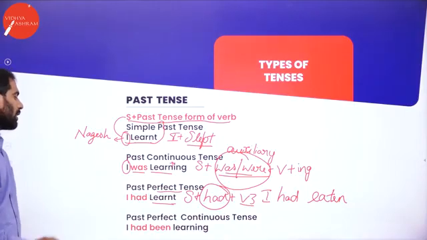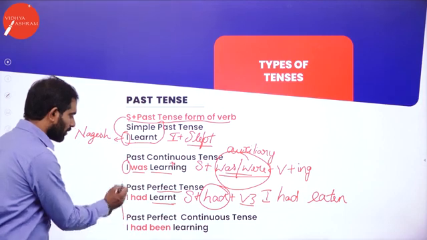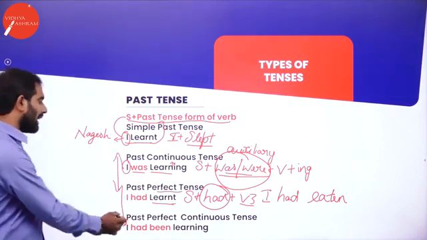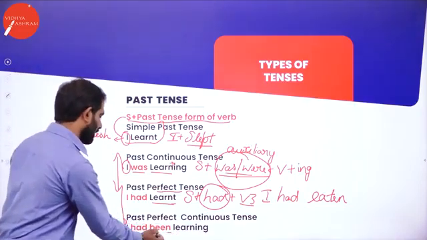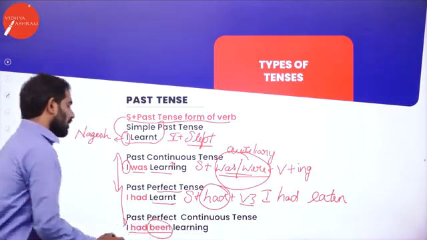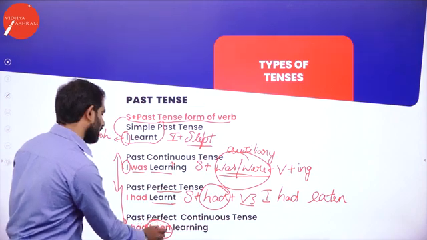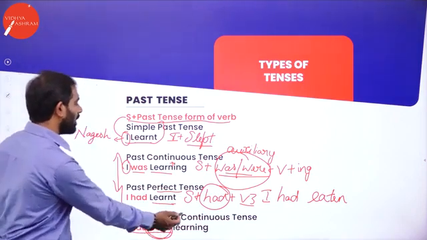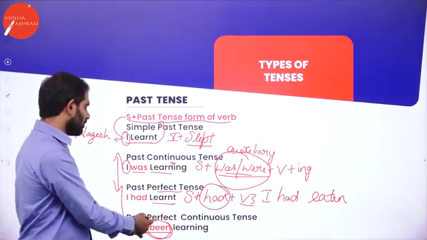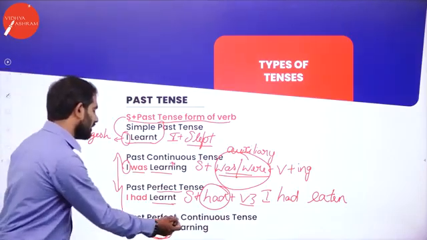And the last form is past perfect continuous tense. We are going to club both of these and make it the fourth one. I had been learning. We are going to add another auxiliary verb here to mark perfect continuous. If you don't add had been here, what happens? I had learning. It doesn't make any sense. And if you add been to indicate past perfect continuous tense, I had been learning.